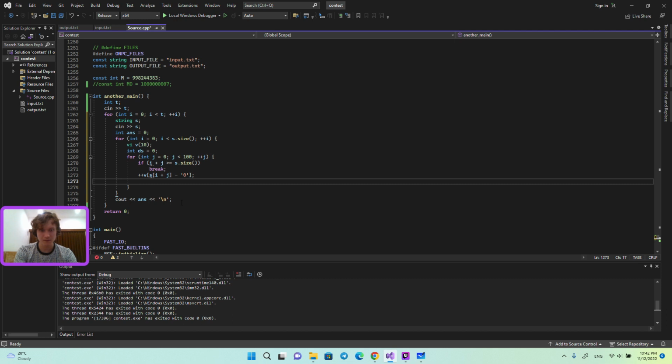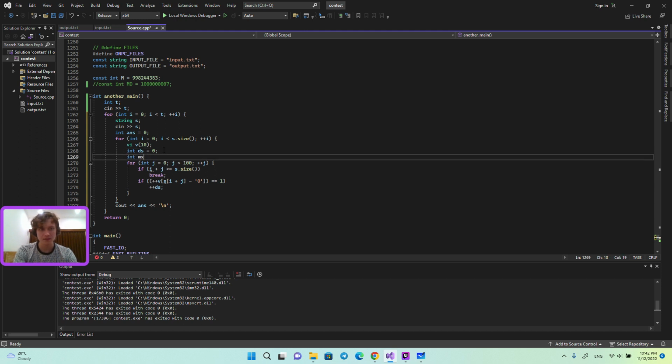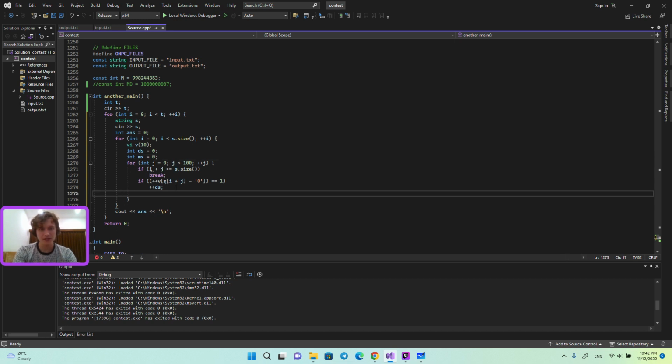So we have if this number equals 1, then plus plus ds, and always a max equals max of a max and this number.